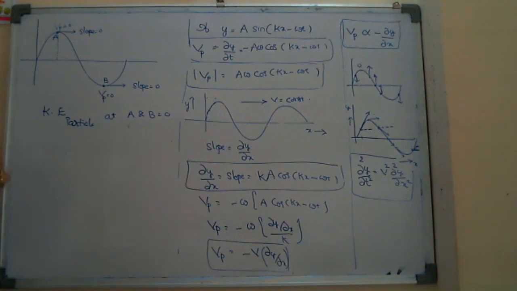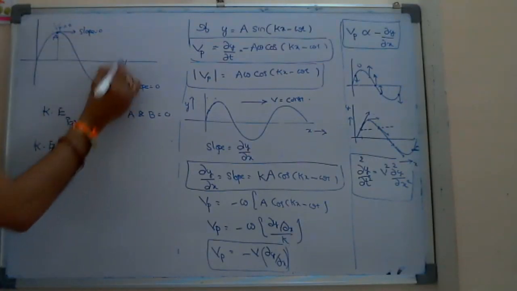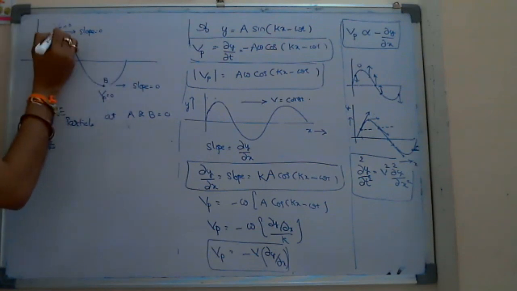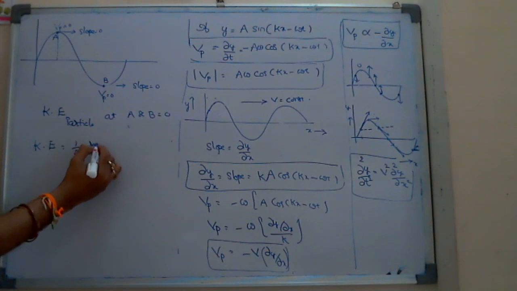To find that total energy, first consider the kinetic energy of some particle. The mass of the particle I don't know; if it is a string, I can say the total mass, but for a particle I don't know. Let the small mass be dm.